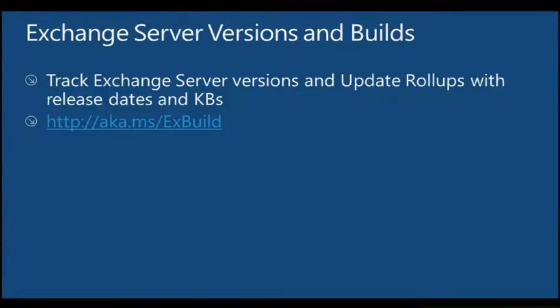You may be running SP2 on some, maybe SP1 on some, maybe different versions of update rollups. And it can get confusing, particularly when you look in the Exchange Management Console and you just see the build information without any notation as to whether that's a service pack or an update rollup. So now we've got one URL you can go to. It'll give you every single thing you want to know about the versions and builds for every release of Exchange that we've had.